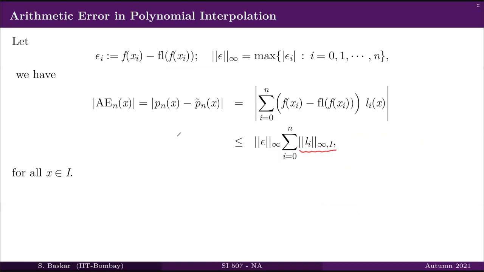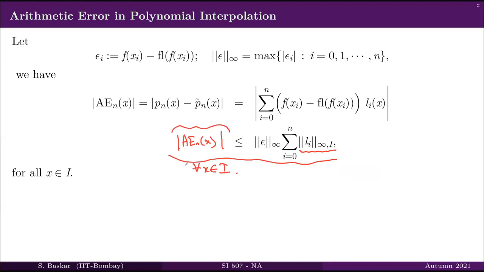Now, this inequality, that is mod AEn of x is less than or equal to norm epsilon into sigma i equal to 0 to n norm Li, holds for all x in I, right? Therefore, this inequality also holds for that x for which this term attains its maximum norm.